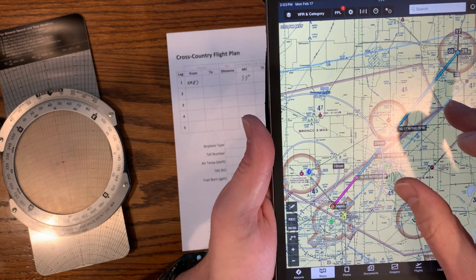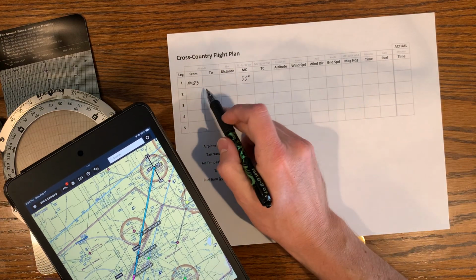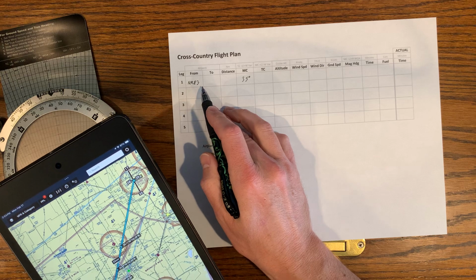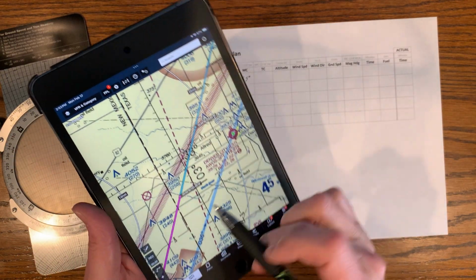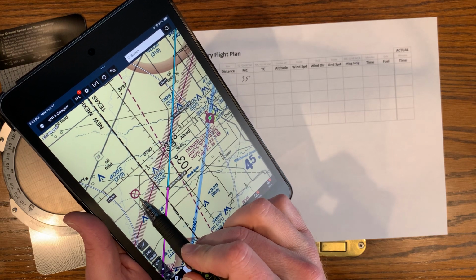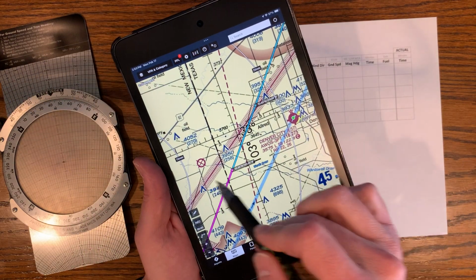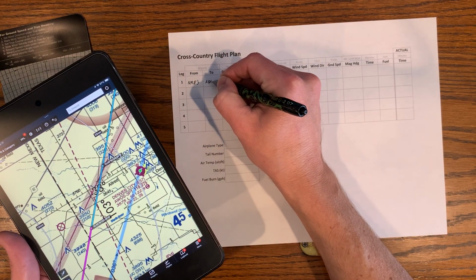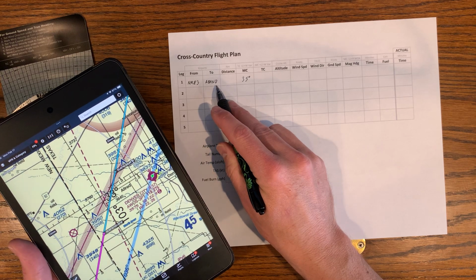All right, so let's start defining each leg here. We're starting at NM83, and our first checkpoint is this abandoned airfield on our left. For the purpose of this, I'm just going to call it the abandoned airfield.